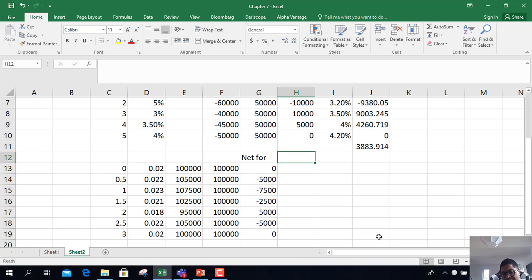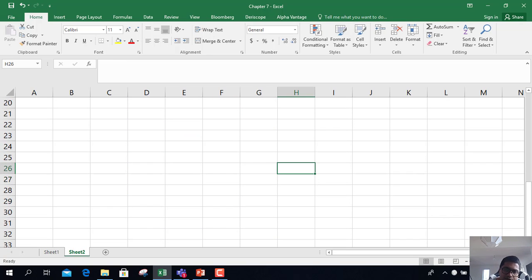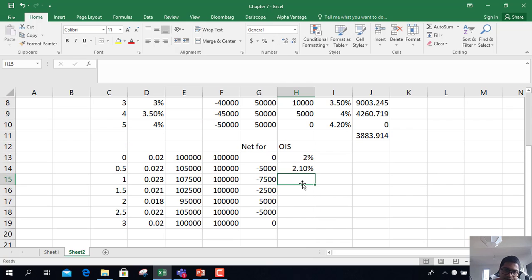So let's say we need OIS rate, risk-free rate to do that. So risk-free rate is, let's say, 2%, 2.1%, 3%, 3.2%, sorry, 3.3%, 3.35%, and 3.5%.